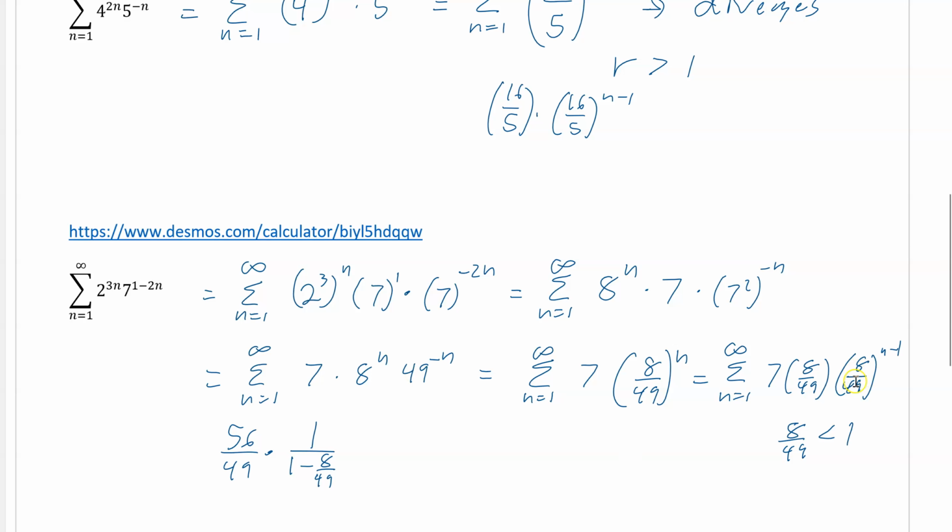And our r here is 8 over 49. So this would be 56 over 49 times, and then again, it's just going to be 49 take away 8. So 1 over, and then that would be 41 over 49. And we flip it. So you can see it's that same pattern.